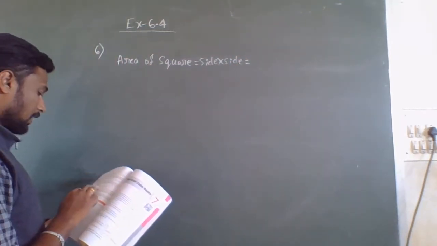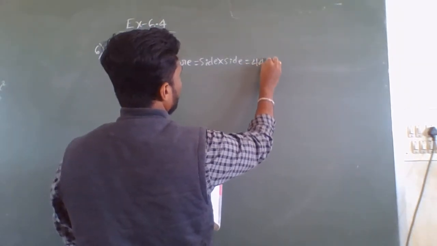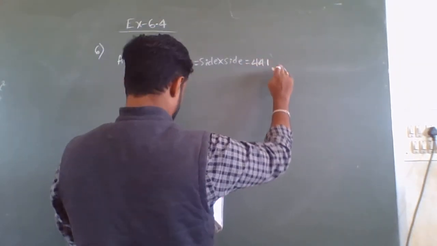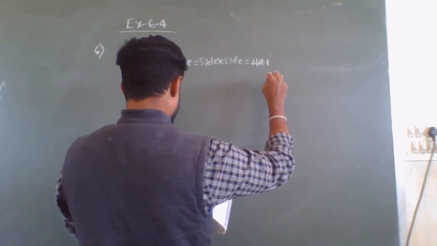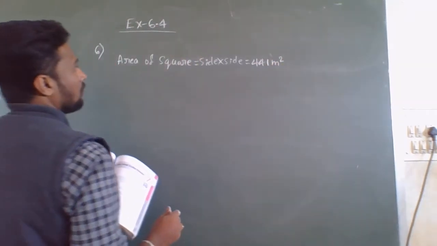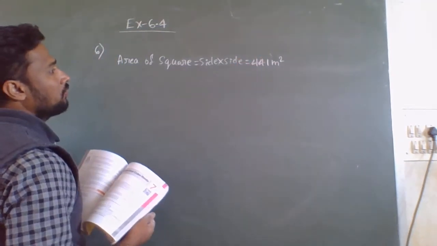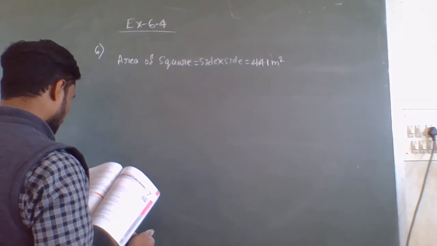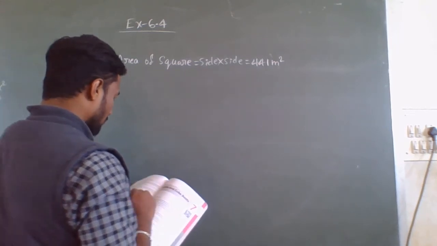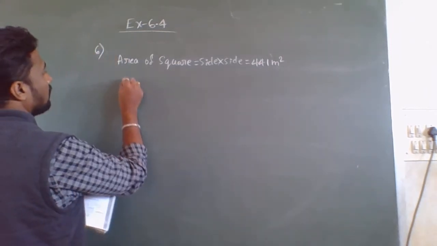They are given that area is 441 meter square. So side into side, what you will get? 441 meter square, and they are asking to find out the length of the side.